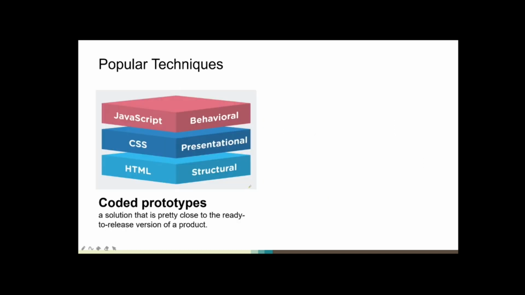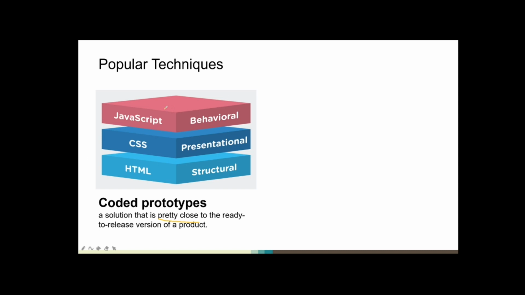And the next technique would be the coded prototype. This is a solution that is pretty close to the ready to release version of a prototype. An example of such prototype would be a rich interactive sandbox that allows the test participants to explore a product's different features.